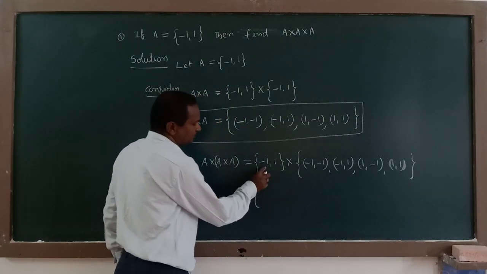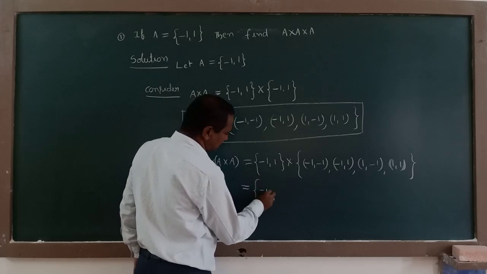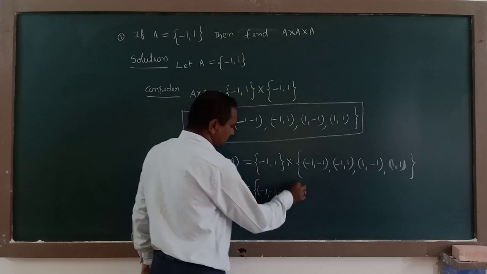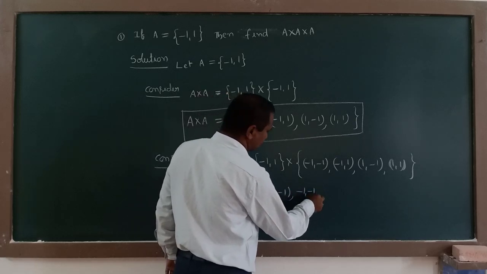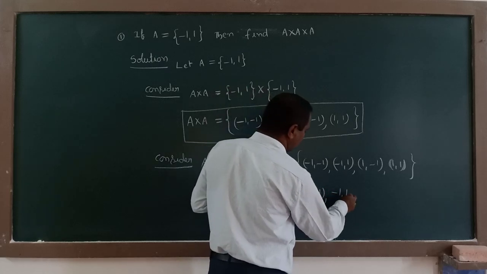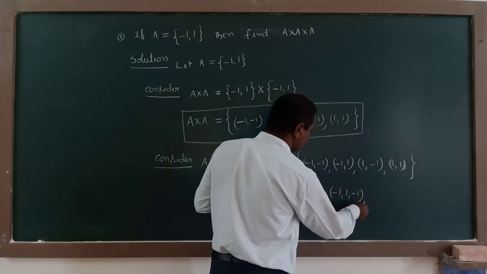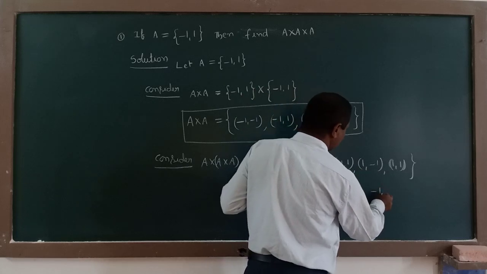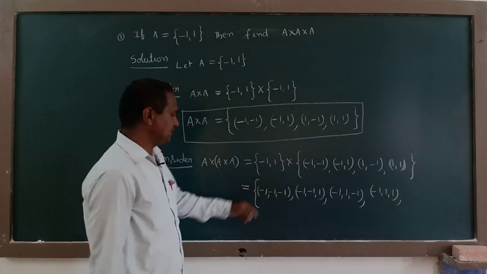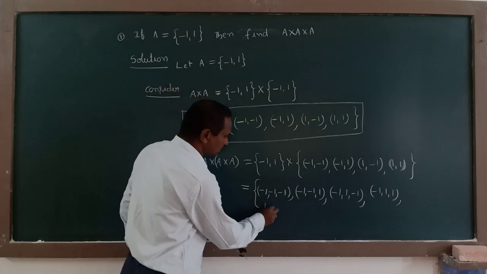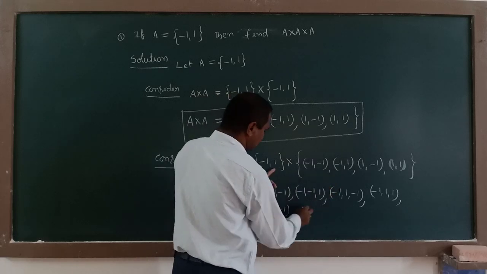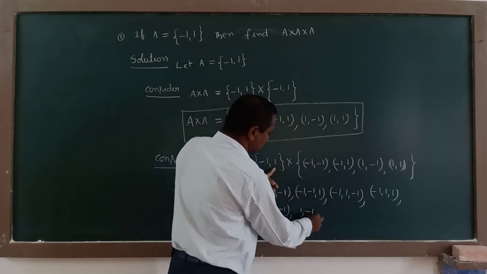Elements start with minus 1: minus 1 comma minus 1 comma minus 1. Next minus 1 comma minus 1 comma 1. Next minus 1 comma 1 comma minus 1. Next minus 1 comma 1 comma 1. Next start with plus 1: 1 comma minus 1 comma minus 1. Next 1 comma minus 1 comma 1.